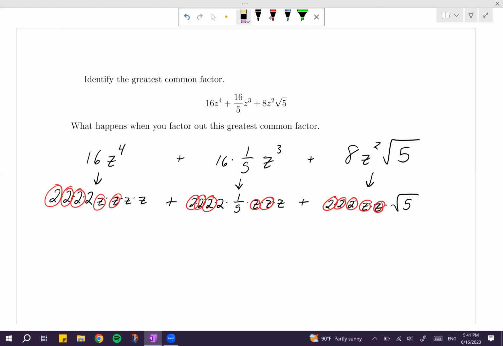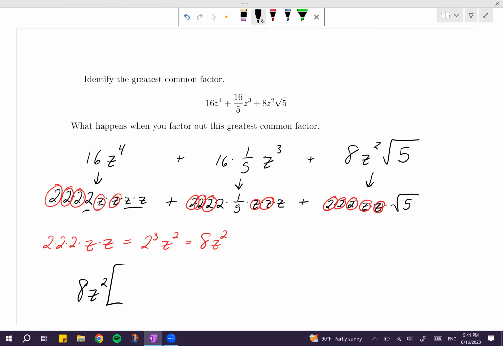So my greatest common factor is 2 times 2 times 2 times z times z. All right, which is 2 cubed times z squared, which is 8z squared. All right. So whenever I factor this out, I'm going to take it out. I'm going to have 8z squared times whatever's left over.